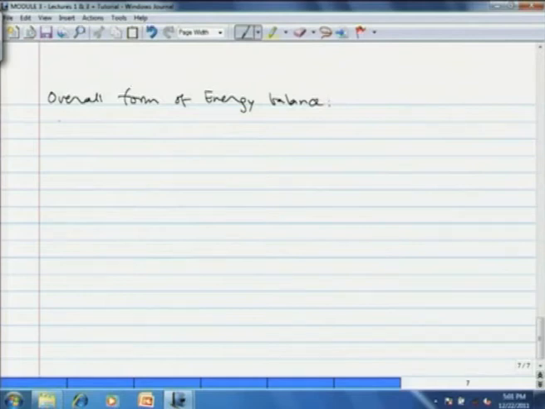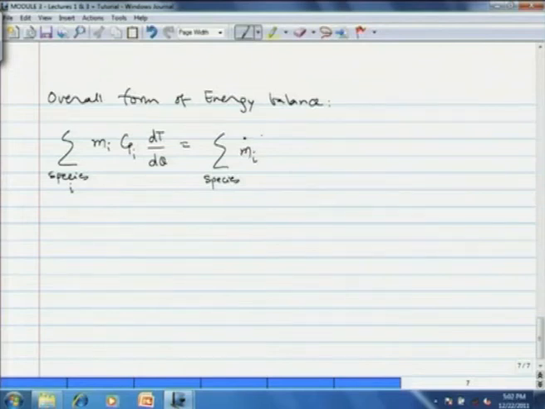As far as the energy balance is concerned, we can write a general expression or overall form of expression based on the conservation of species. So, the summation for all species i, Mi Cpi into dT by d theta, where dT by d theta is the rate of change of temperature, is equal to summation over all species Mi dot, where m dot indicates the flow rate, integral of Cpi dT from Ti in to Ti out, where Ti in is the inlet temperature of the species, Ti out is the outlet temperature, plus the energy that is generated or absorbed in the reaction.